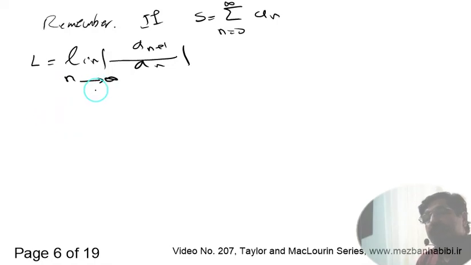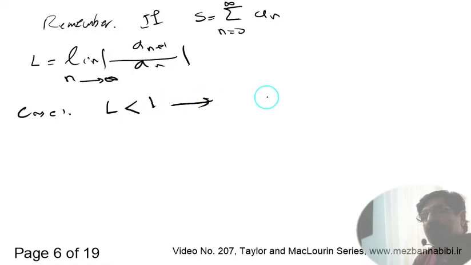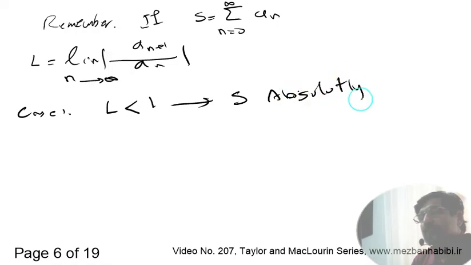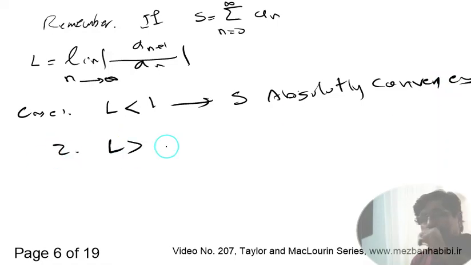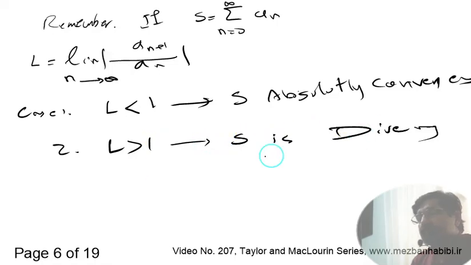We have three cases. Case 1: if L is less than 1, then S is absolutely convergent. Case 2: if L is greater than 1, then S is divergent.